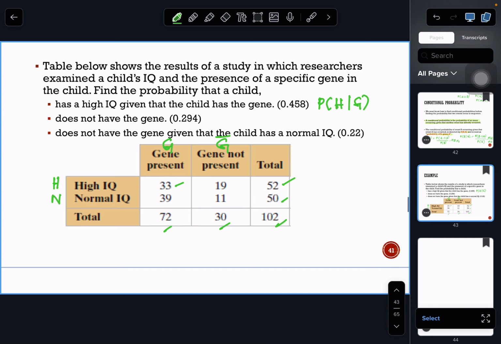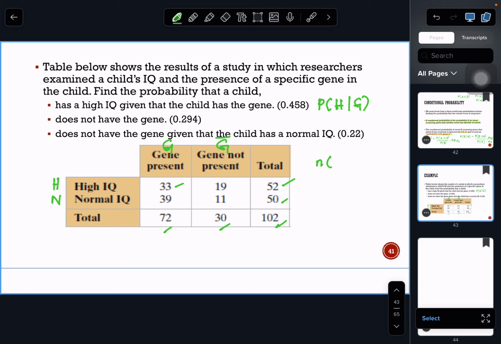So this 33 means H intersect G. 39? Yes, normal IQ and gene present, right? So basically N intersect G. So inside here are all the intersections. Clear? These four numbers are intersections, and the totals are not.